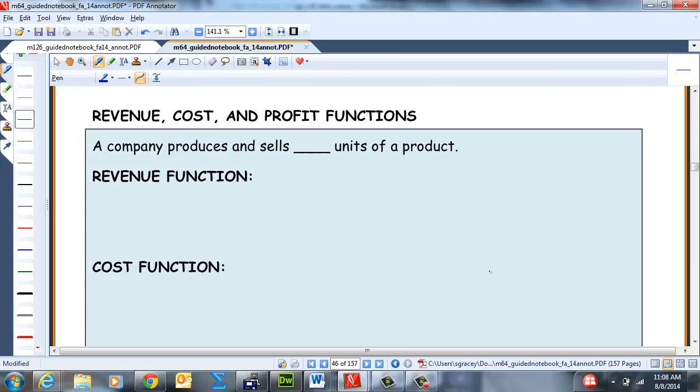So revenue, cost, and profit functions. So a company produces and sells X units of a product.